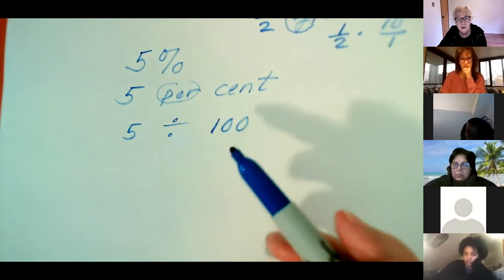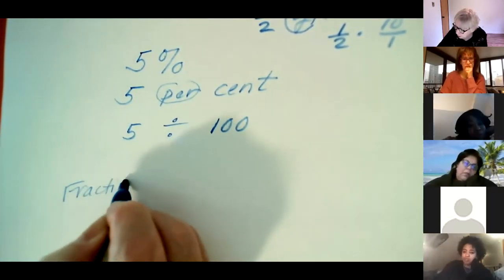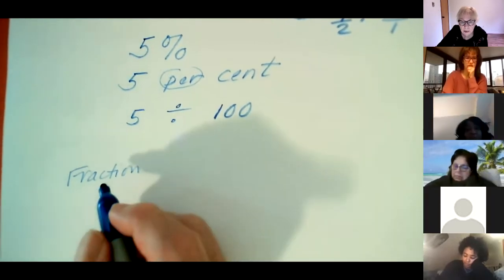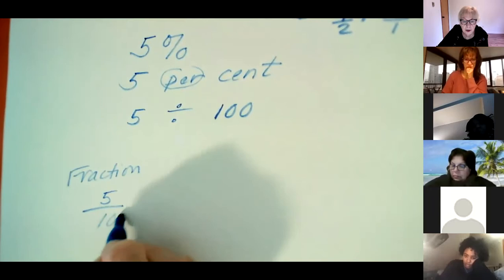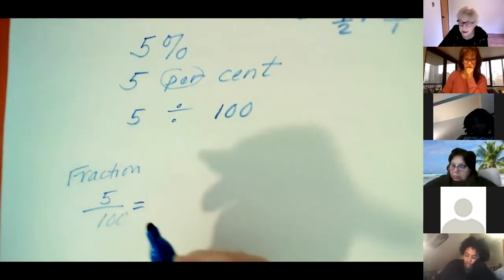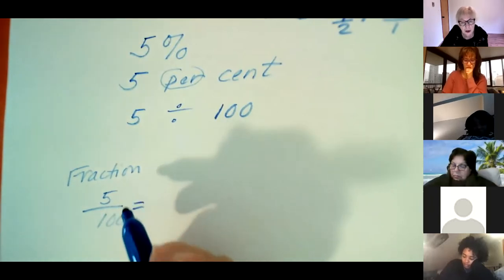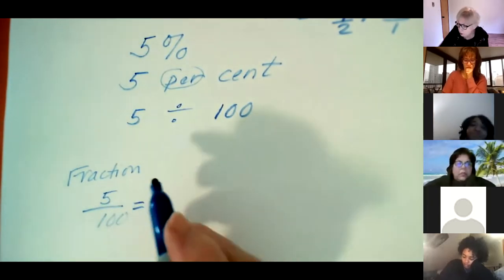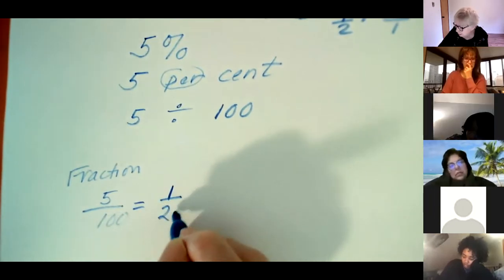One is the fraction way, and that would be 5 divided by 100. If that's the case, then we would probably reduce it. The original answer is 5 over 100.